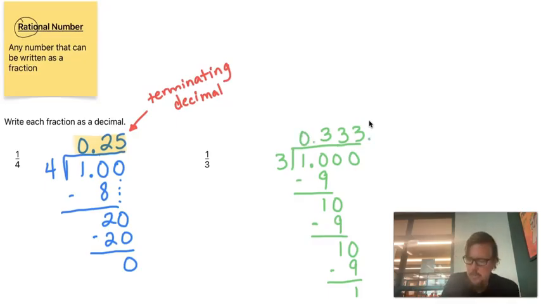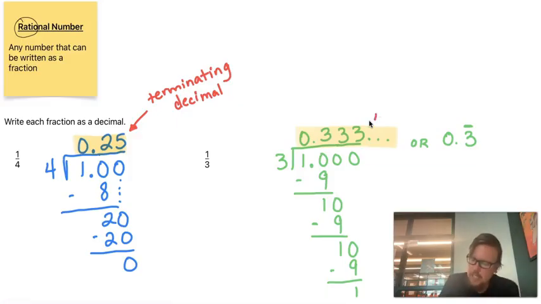0.33333333, and there's a couple of ways that you can write this. Sometimes we put an ellipsis there on the end that just means etc. You may have seen it written as maybe 0.3 with a line over the 3 like this. That line means the 3 keeps going on forever and ever and ever.